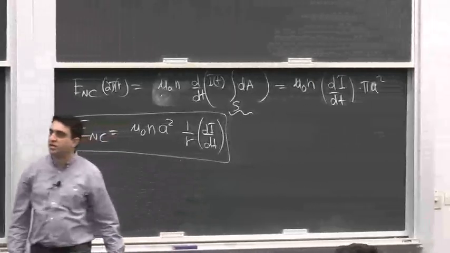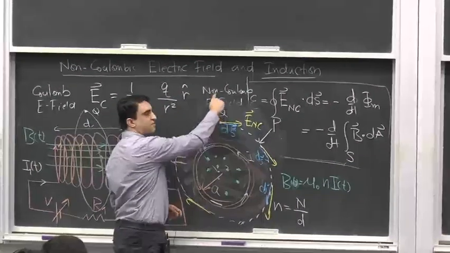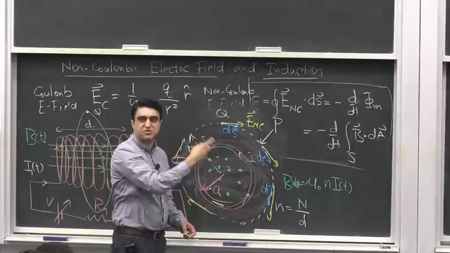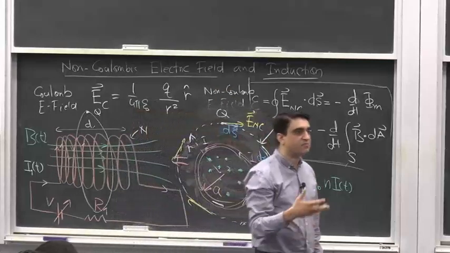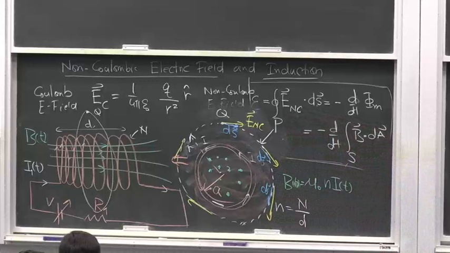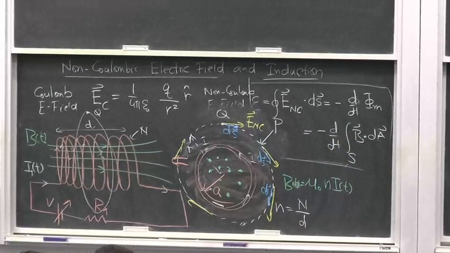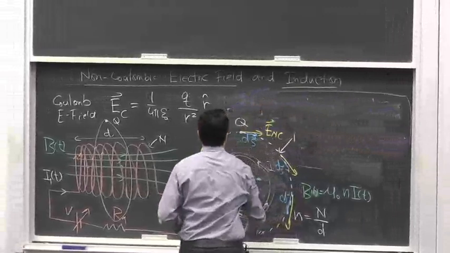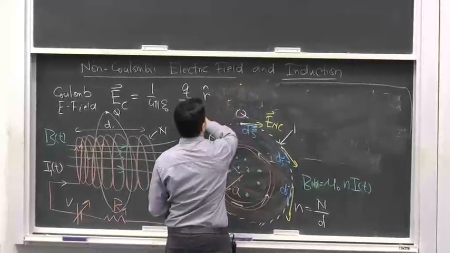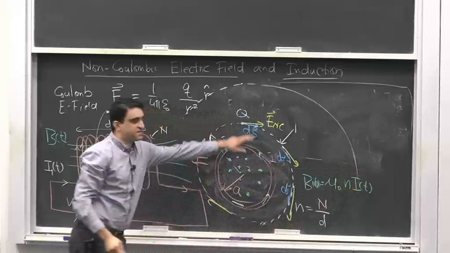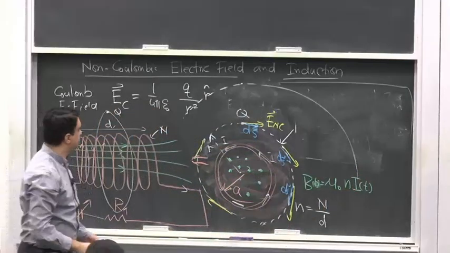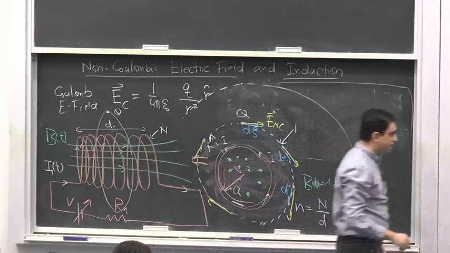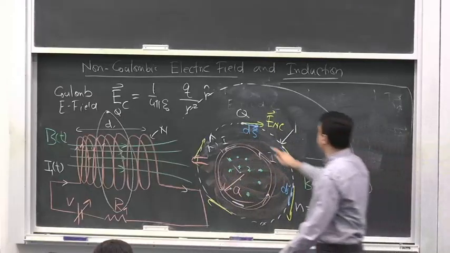So what does it tell you? If you move this point Q away from the center, what would happen to the magnitude of this electric field? It would drop because you have a 1 over R dependence. So if I have a loop, let's say a point Q is somewhere here, and I have this path rather than this path, the magnitude of the non-Coulombic electric field would be half of what you have there.